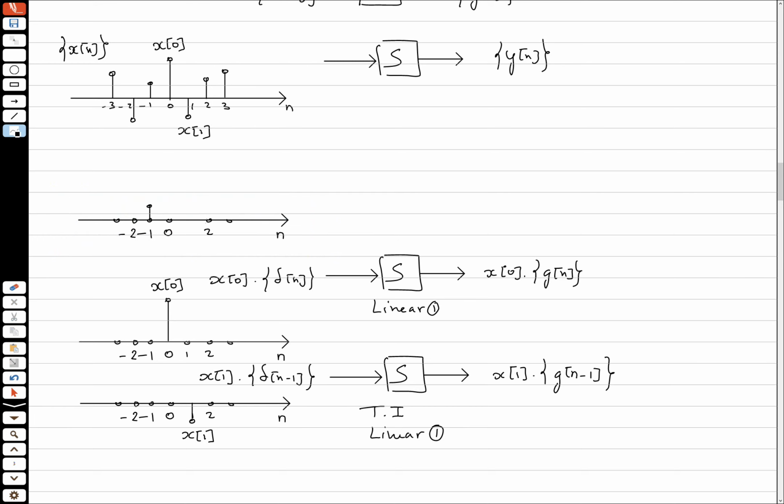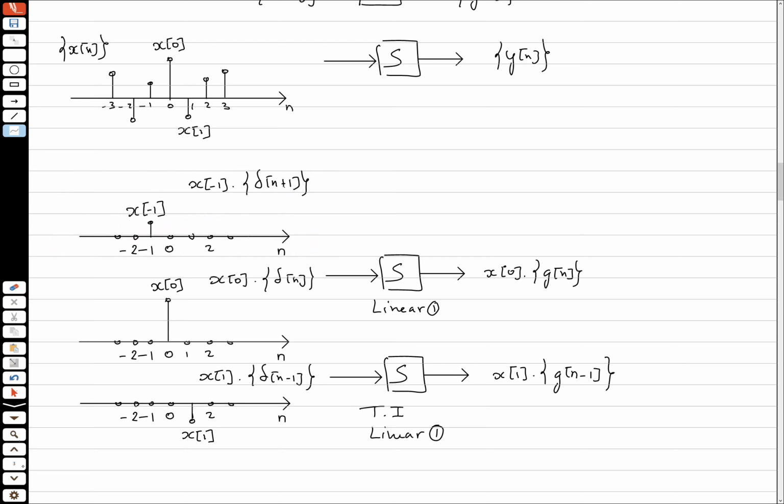So here, x at minus 1. What is a description for this sequence? It is x of minus 1 times delta of n plus 1.